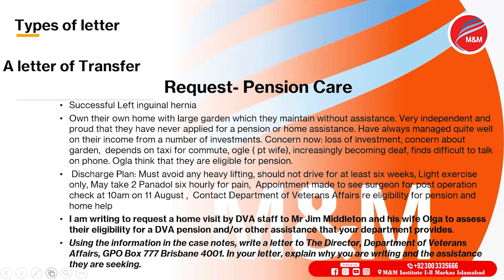So we can simply write it down this way: I'm writing to request a home visit by the Department of Veteran Affairs to Mr. J. Middleton and his wife, to assess their eligibility for the Department of Veteran Affairs pension, or any other assistance that is required. Right? So this is a letter of request to the pension care. We have to write it down in this way.